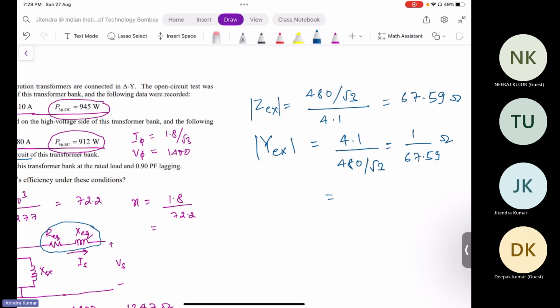What is the inverse of 67.59? 0.0148 Siemens. And this Y or admittance, we can write as conductance minus susceptance, right? So G minus JB. So it will be straightforward.